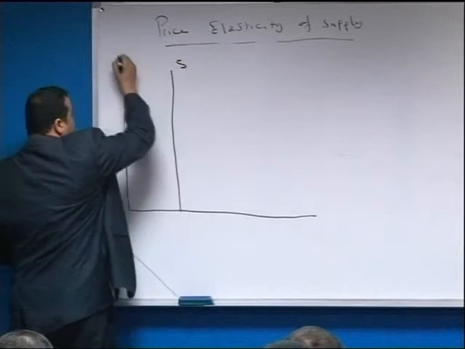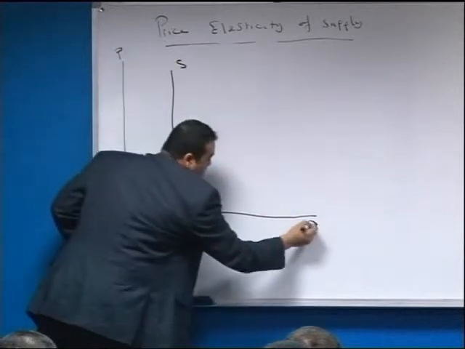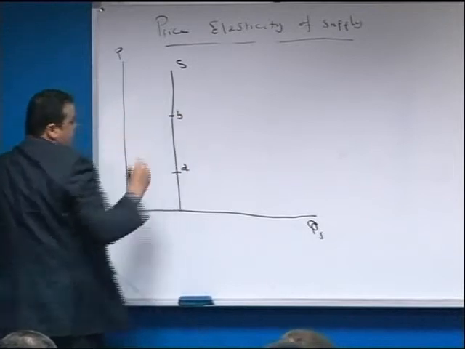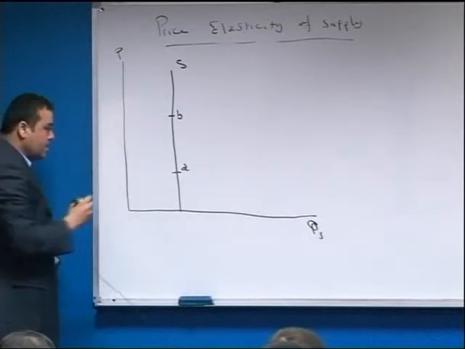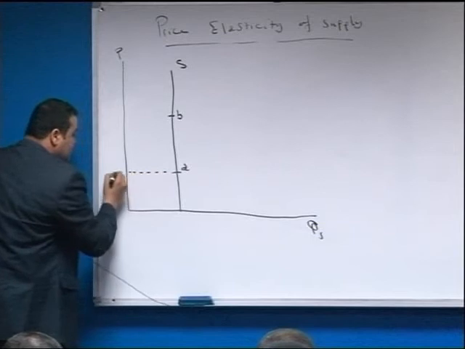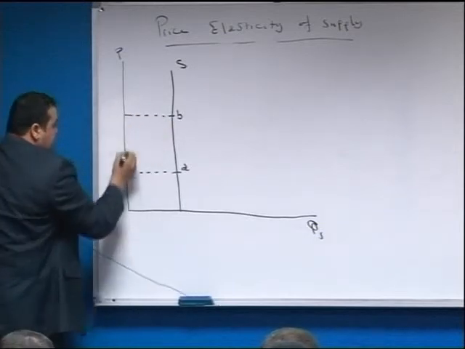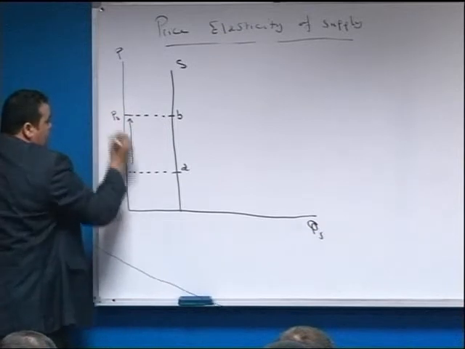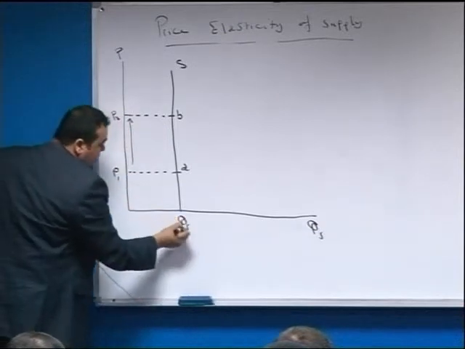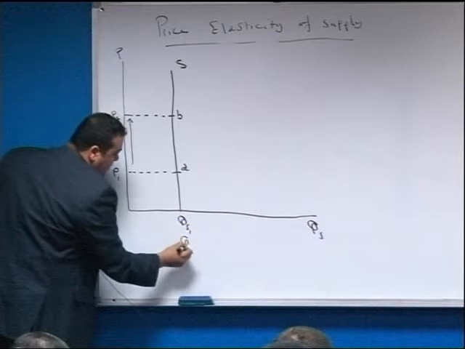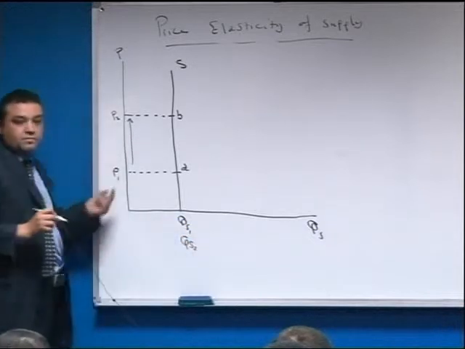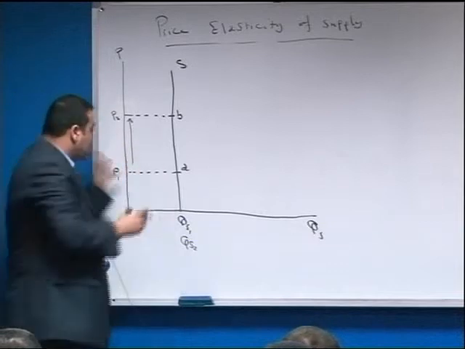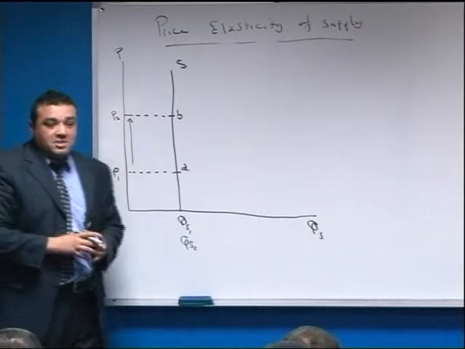This is S, P, Q, S, A, B. In this case, if the price increased from P1 to P2, there is no change in quantity supplied. This is QS1 to QS2. Increasing the price leads to no change in quantity supplied.